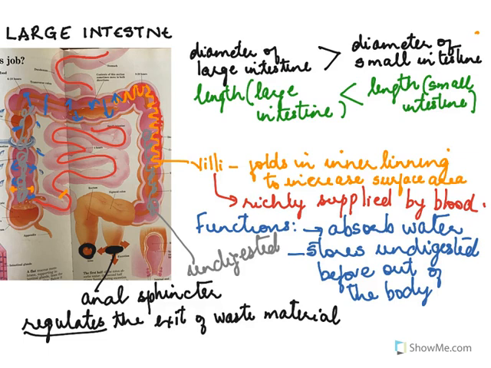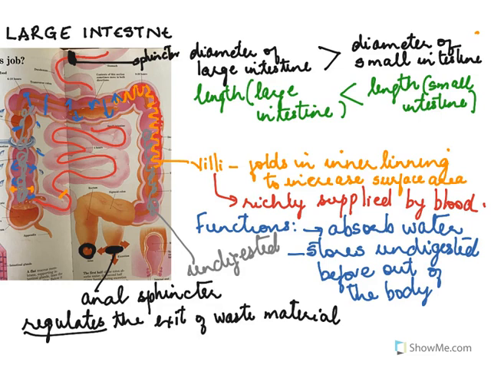A similar kind of sphincter is present in this region between the stomach and the small intestines. There is a sphincter here also. And this again regulates the food entering from the stomach into the small intestines.